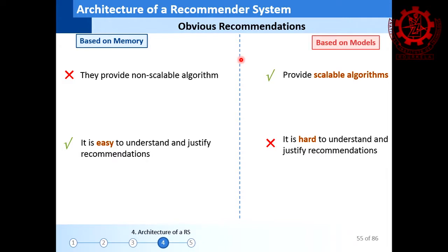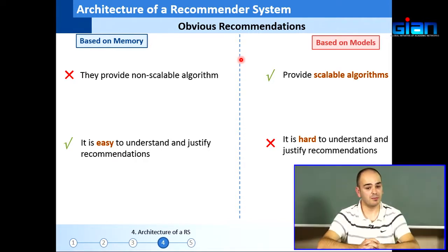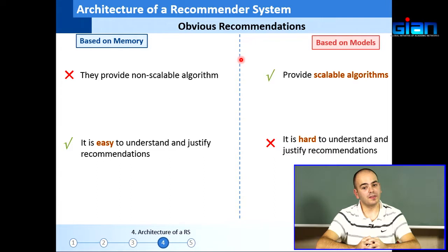When we deal with a recommender system based on memory, the most important drawback is that it provides non-scalable algorithms, so it's very hard to use when we have a very big database. On the other hand, recommender systems based on models provide scalable algorithms.